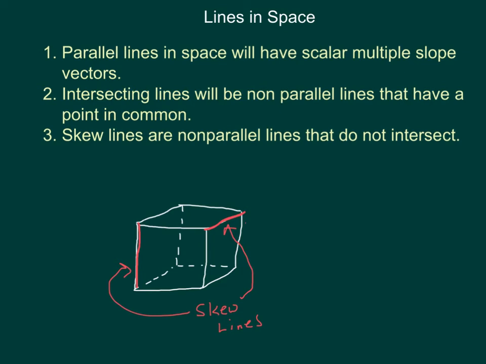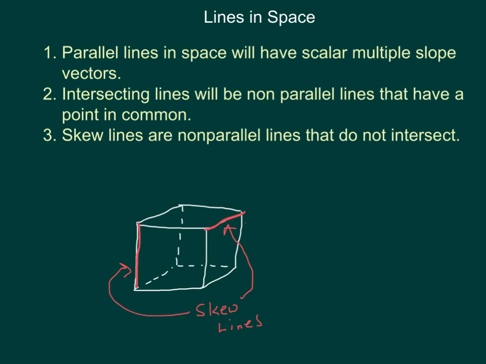Skew lines are lines that are not parallel, but they also do not intersect. For example, if I look at this particular cube here, you'll see I have one line here which forms this corner of the cube, and another line that forms that corner of the cube. Those lines are skew. They are not parallel. They don't have the same direction, but they also never intersect.